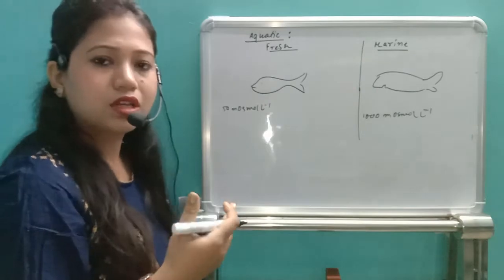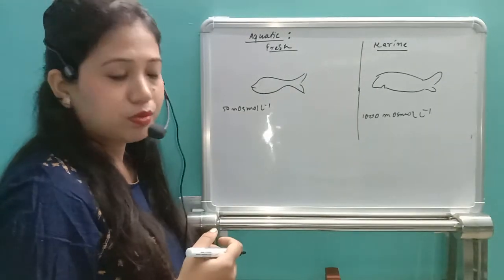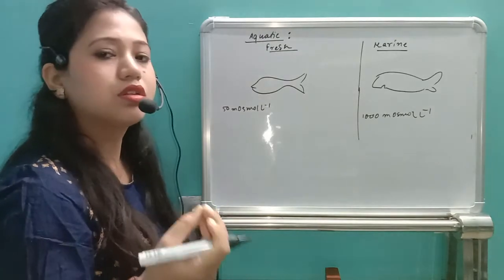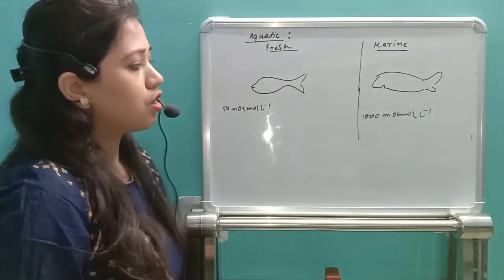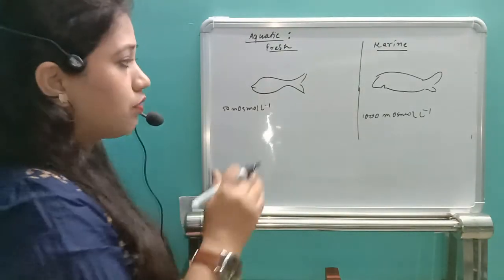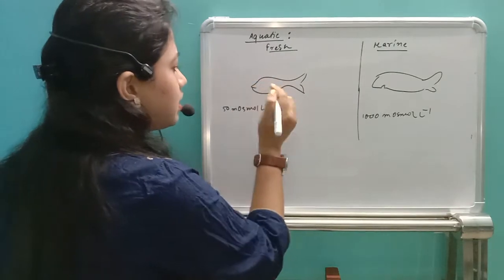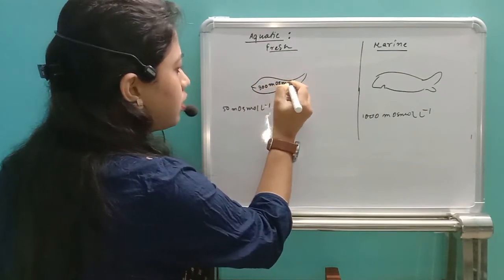In freshwater conditions, the water contains very little solute, around 50 milliosmol per liter, and in marine conditions the water is already saline, so it has more solutes, around 1000 milliosmol per liter. Inside the body of the fishes, they maintain around 300 milliosmol per liter.